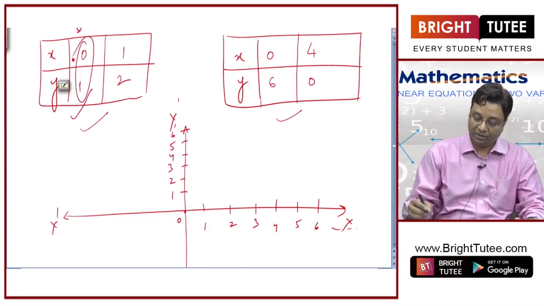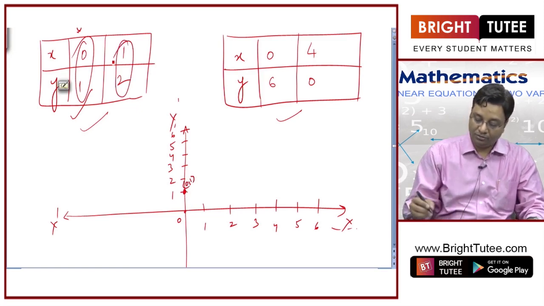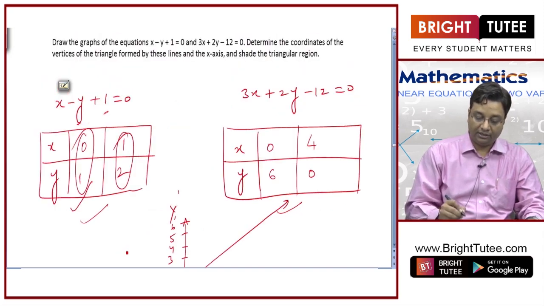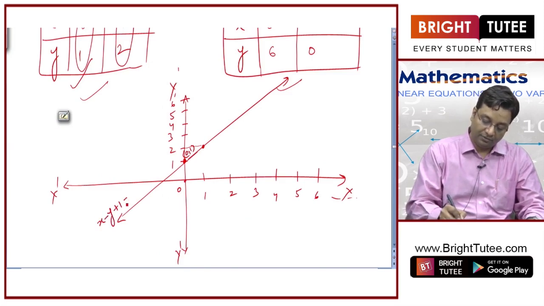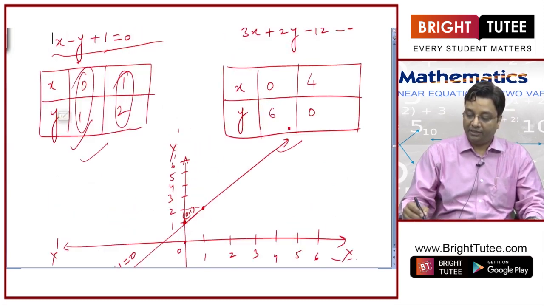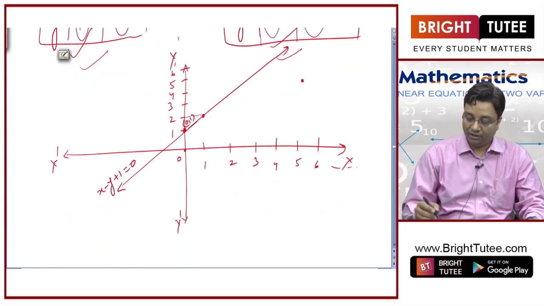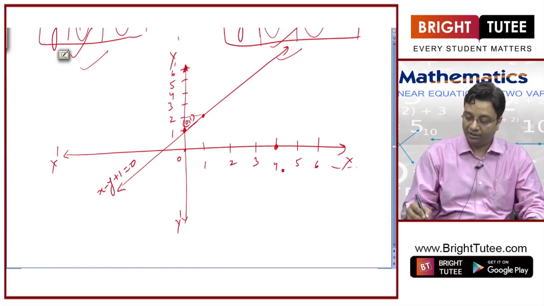So one point is 0, 1, which is this one. Another point is 1, 2. So this straight line is x minus y plus 1 equal to 0. And this line will pass through these 2 points, 0, 6 and 4, 0. 0, 6 is this one and 4, 0 is this one.